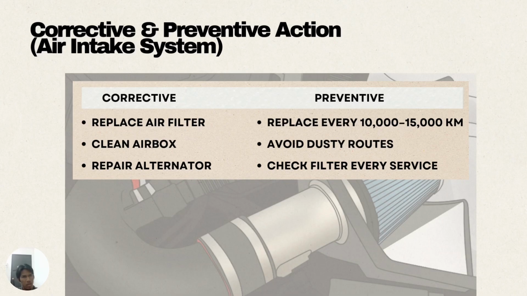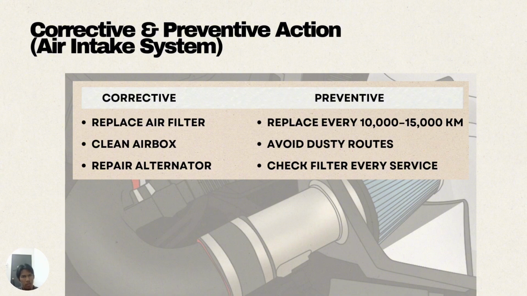Next is corrective and preventive action for the air intake system. The corrective action can be replace the air filter, clean the air box, and repair the alternator, so it can stop weak spark to avoid incomplete combustion.